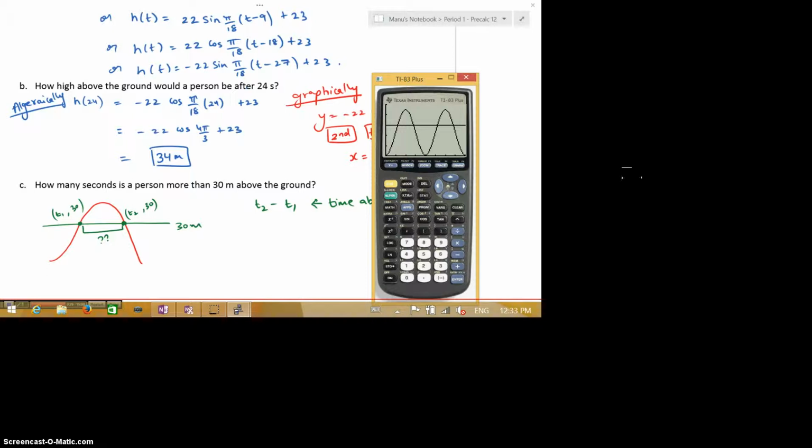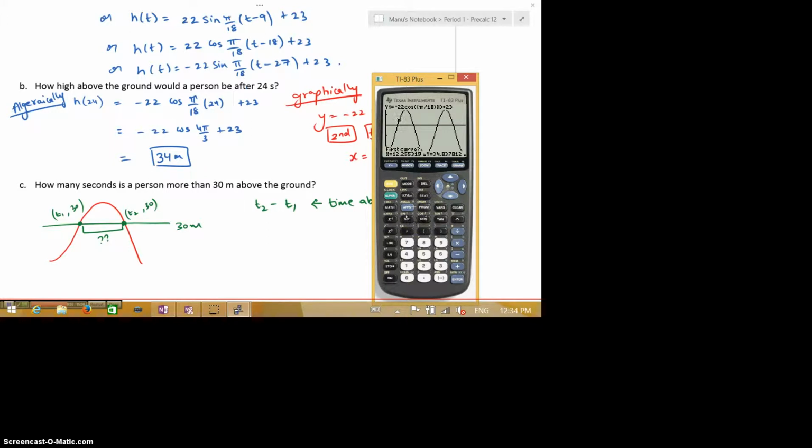I want to figure out what those times are. I'm looking for the two intersection points. You know how to find intersection points? You go second, trace, intersect. Okay, go really, really close to the first point. So take your cursor and get really close to the first point of intersection.